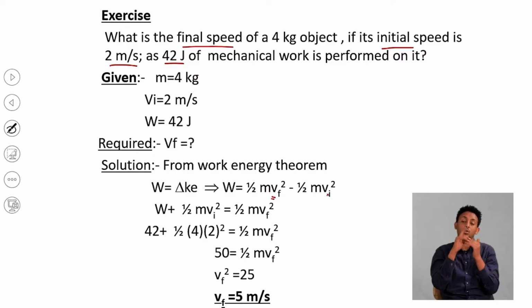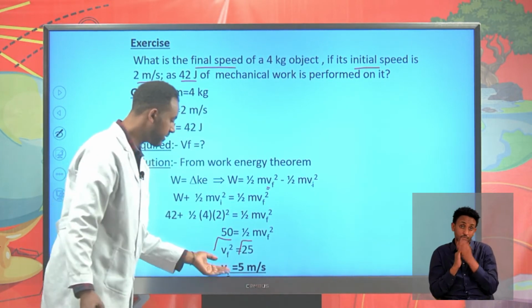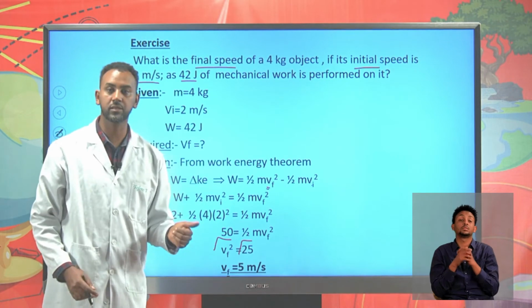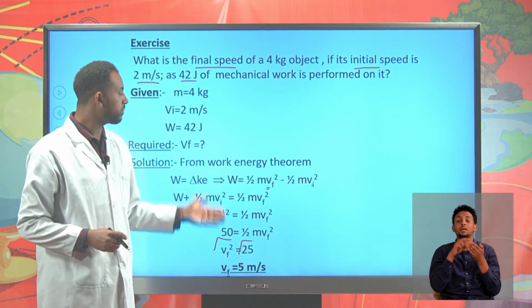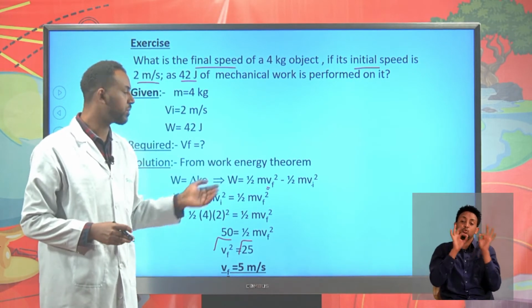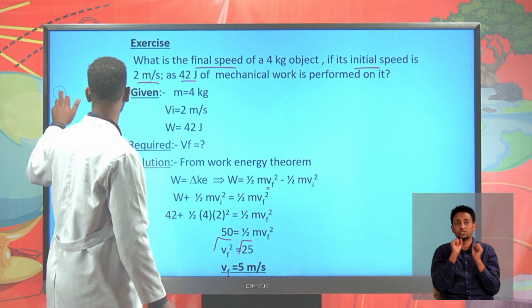Rearranging, you can find the final velocity squared is 25. Taking the square root of both sides, the final velocity of the particle becomes 5 meters per second. Therefore, you can substitute and apply the work energy theorem to solve such kinds of problems.